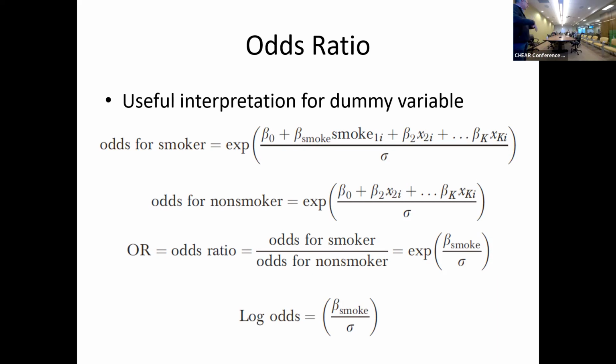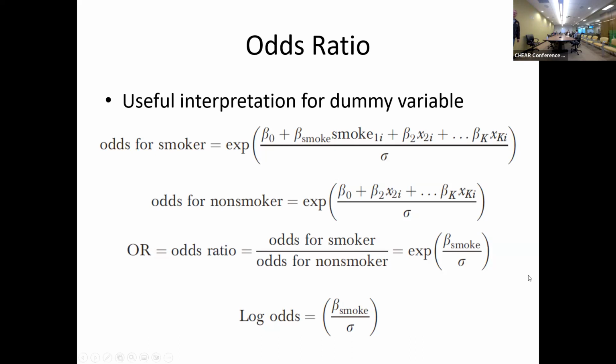If you take the ratio, wonderful mathematics of exponents, almost everything falls out. The only thing that's left after dividing things out is e to the beta on the smoking variable, but divided by sigma. So the log odds in this case, smokers compared to non-smokers, are the beta on the smoking dummy variable divided by sigma.